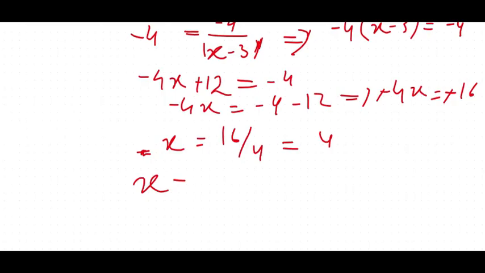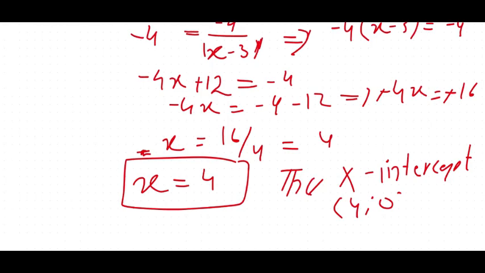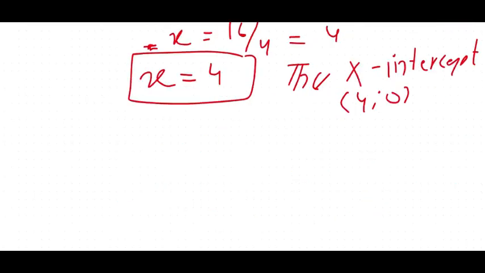So the x-intercept is 4 and 0, okay? The vertical asymptote is x equals 3.